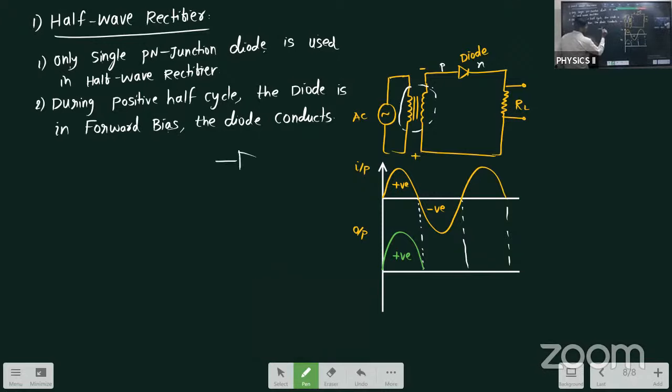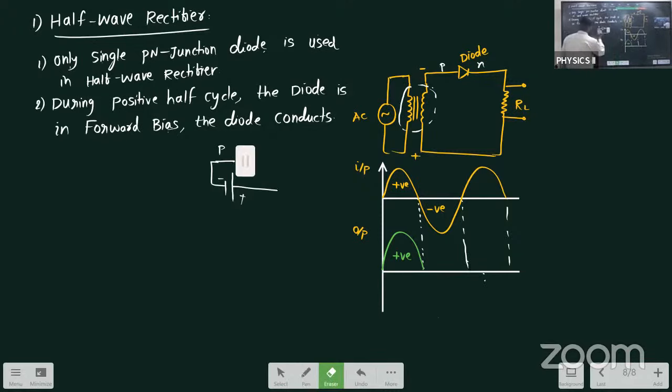Whenever the P side of the semiconductor is connected to the negative terminal of the battery and the N side of the semiconductor is connected to the positive terminal of the battery, what will happen? The diode will conduct or not? The diode will not conduct. Whether I will be getting any output? I won't get any output for negative half cycle here, in case of half wave rectifier.